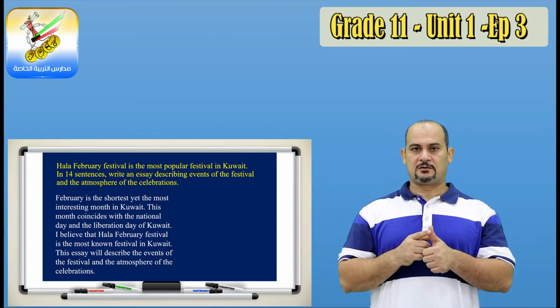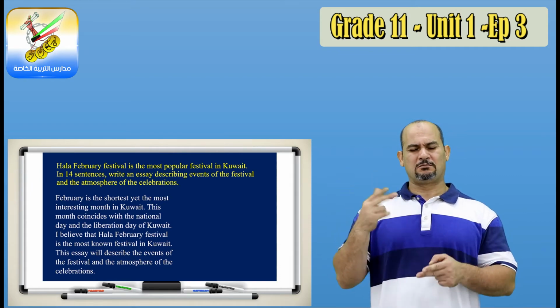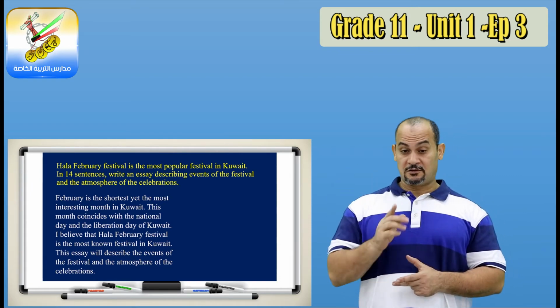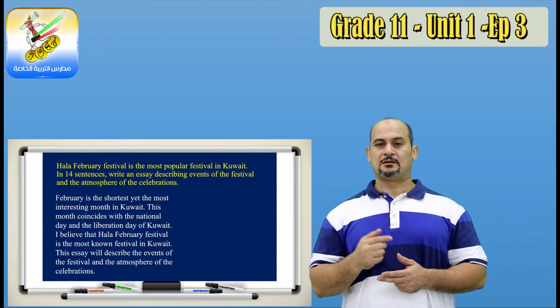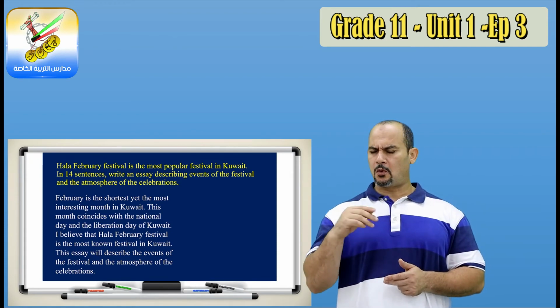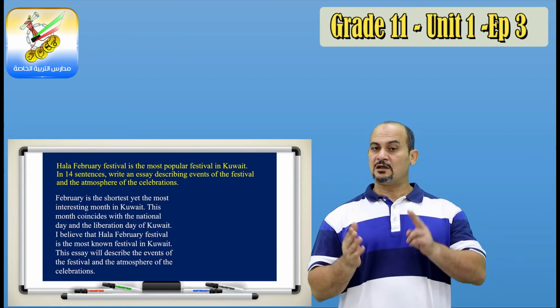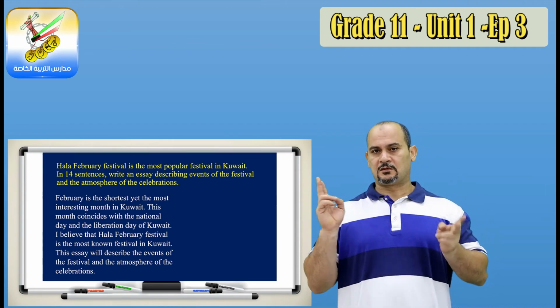February is the shortest yet the most interesting month in Kuwait. This month coincides with the National Day and the Liberation Day of Kuwait. I believe that Hala February Festival is the most known festival in Kuwait. This essay will describe the events of the festival and the atmosphere of the celebration.